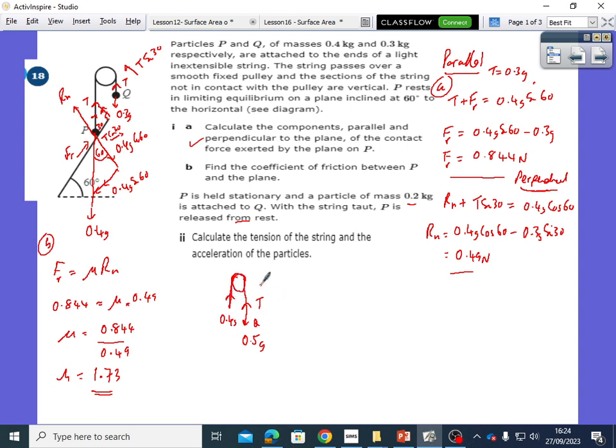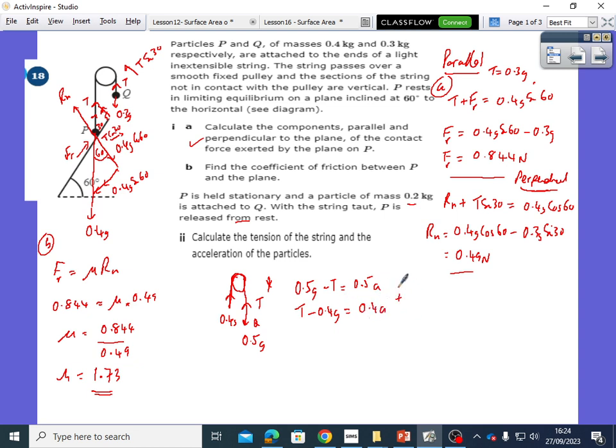So the motion will start this way. So we get 0.5 g minus the tension equals 0.5 a, and here the tension is pulling it, and going against it is weight 0.4 g, and that's going to be 0.4 times the acceleration.